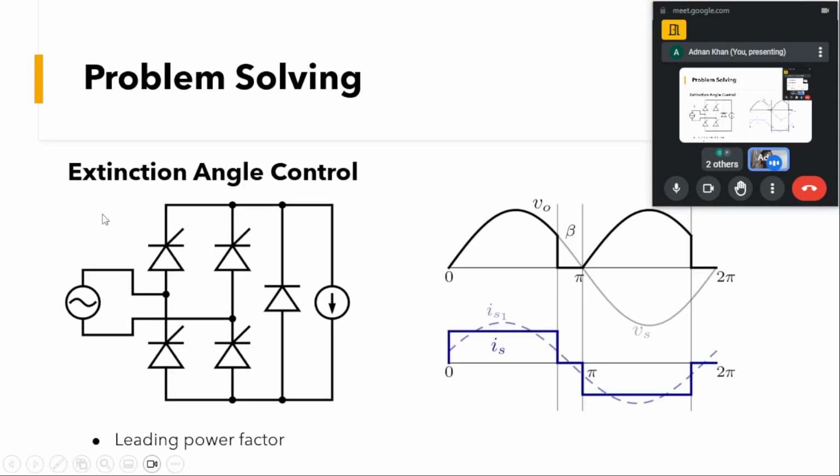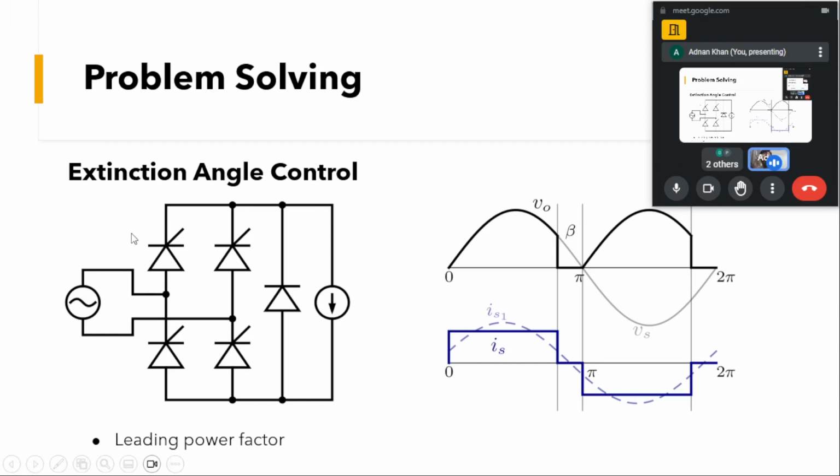Now we will go for the first one, extinction angle control. What we do in extinction angle control is that instead of controlling the turn on interval, we control the turn off time.